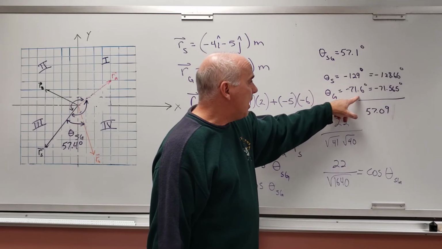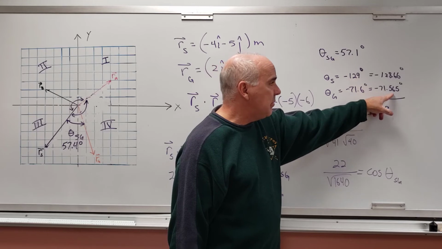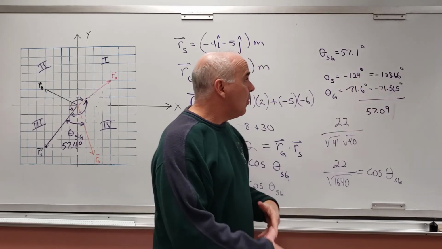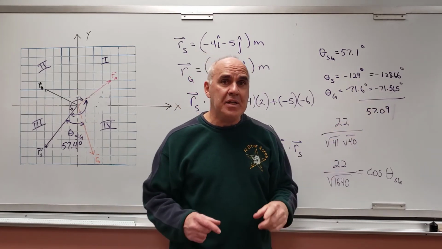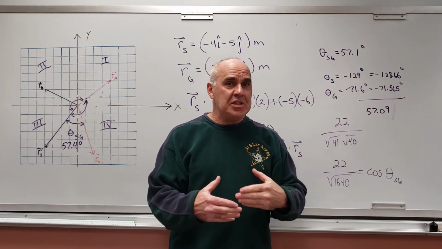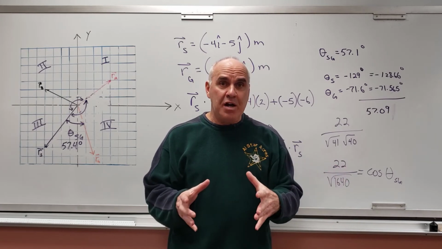And for Grayson's, I had minus 71.6, and if I take that out more digits, I get minus 71.565. And if you subtract those, you're going to get something closer to 57.09.